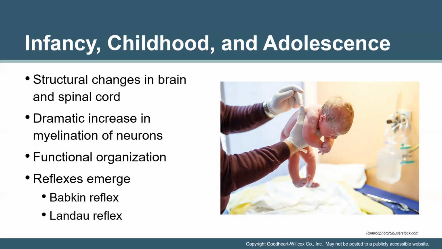And then we'll have our reflex arcs occur as well. The Babkin reflex, this is when we would apply pressure to the baby's palm, which would cause the opening of the mouth and the closing of the eyes. It will disappear between months 2 and 4.